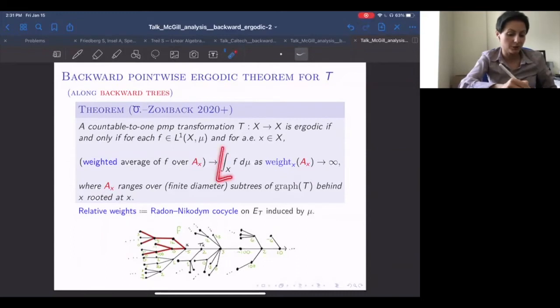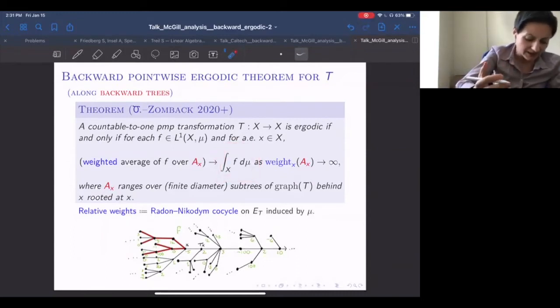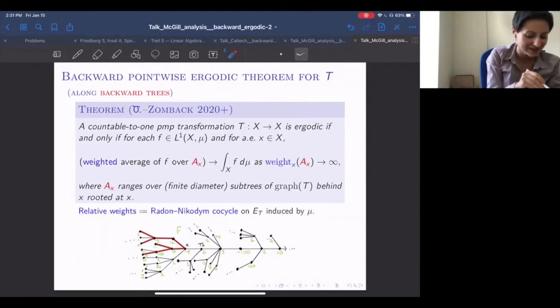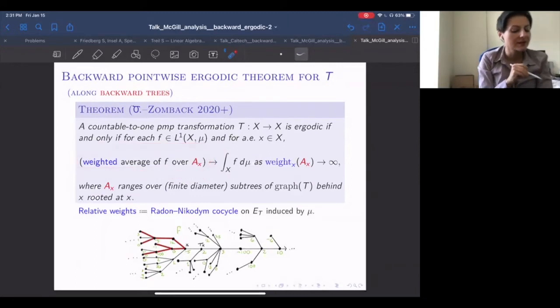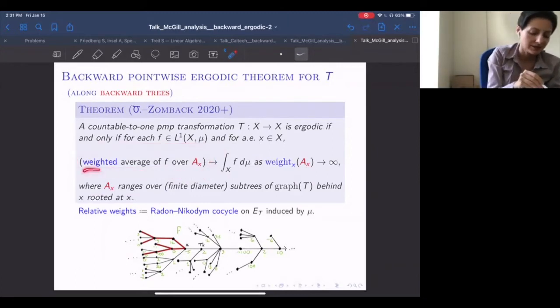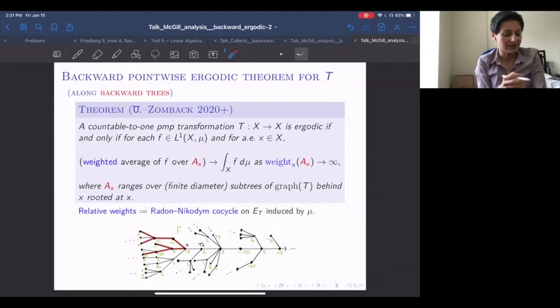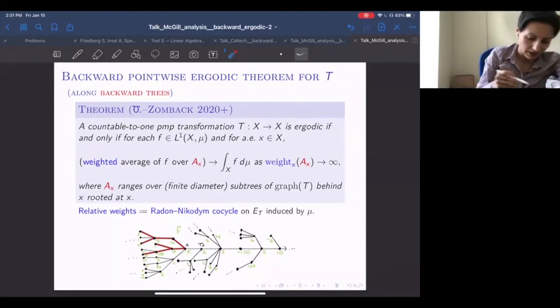The averages are going to be close to the integral of f. And now it is not too hard to see that this is invariant. It's not a sequence now. I'm taking it over the whole class of trees, whatever trees of finite diameter. So it's a directed set, if you want.